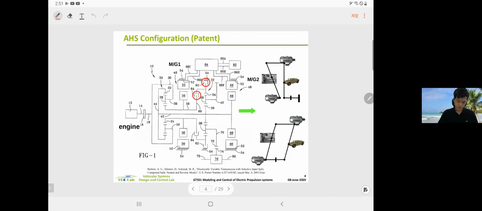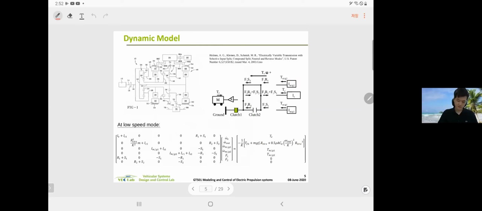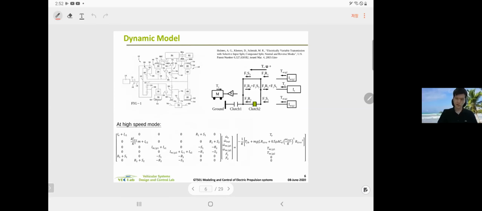Conventional modeling: we have a stick diagram, a cross-sectional view, and then we put that into a lever analogy to be able to see what is connected to what, and then using that lever diagram, we derive governing equations and put that into state space representation. If there are two modes, if there's a clutch, then you have to do this twice, low speed mode and high speed mode.